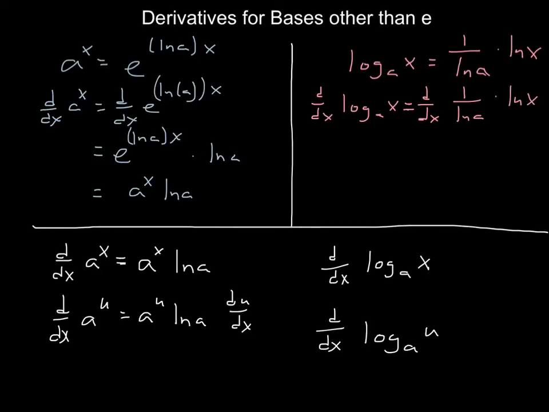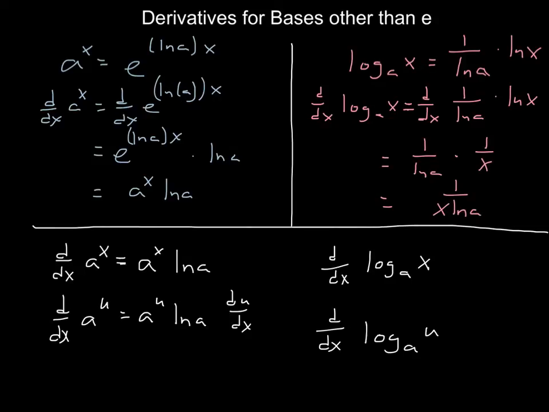Well, remember again, as I mentioned before, that 1 over the natural log of a is just a constant. So this is just going to be a constant times the derivative of ln x. And we know that's equal to 1 over the natural log of a times the derivative of ln x, which is 1 over x. So we get that this is 1 over x times the natural log of a.